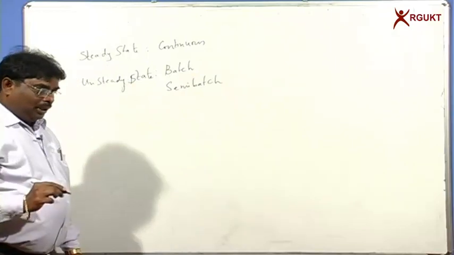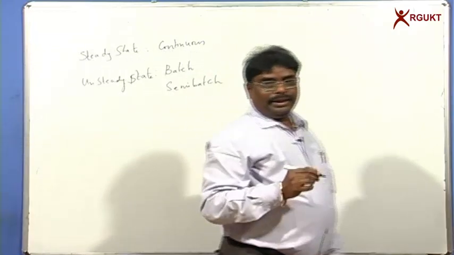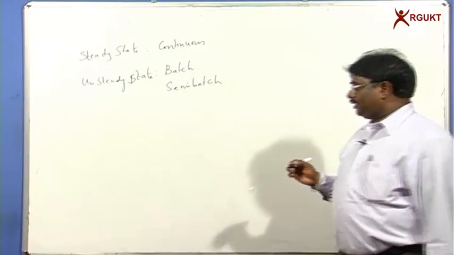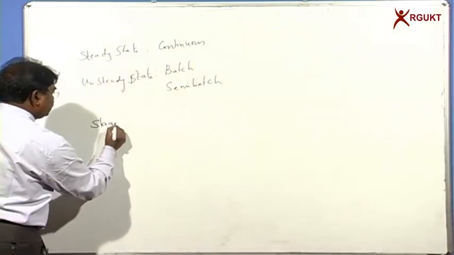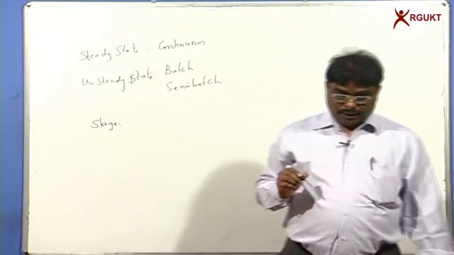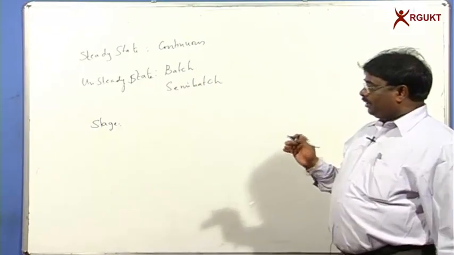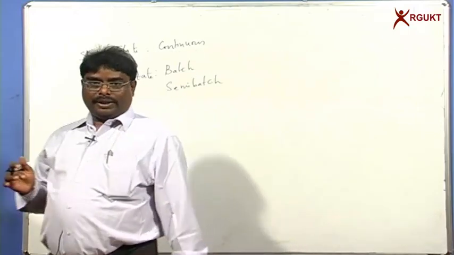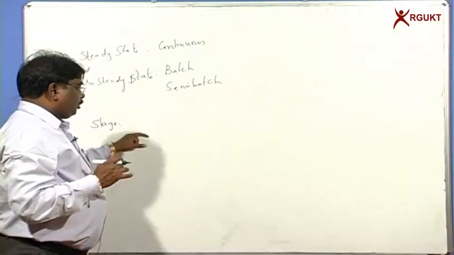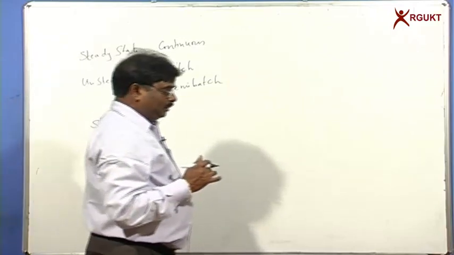The device that we need to conduct a separation process, we call a stage. A stage is a device or a combination of devices in which two soluble phases are brought into contact. When these two phases are brought into contact, mass transfer occurs between the phases.